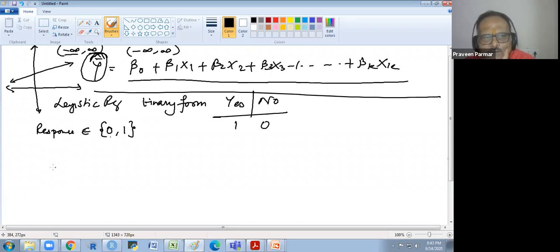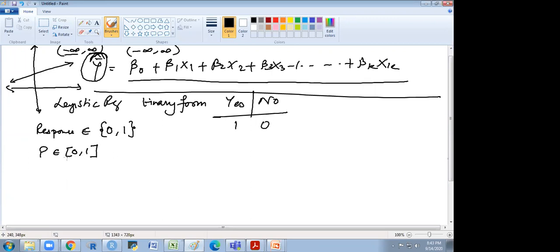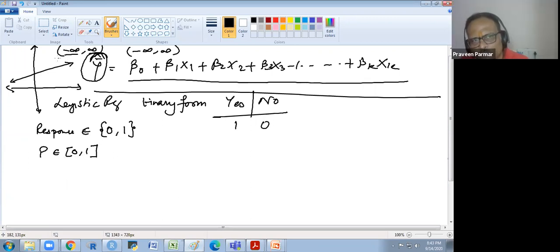But if I go to the probability, it belongs to between 0 and 1. Does that make sense to you? Now we have increased the range. There was only 0 and 1, now 0 to 1. I am going in reverse. I will go to minus infinity to infinity. I have to reach there.